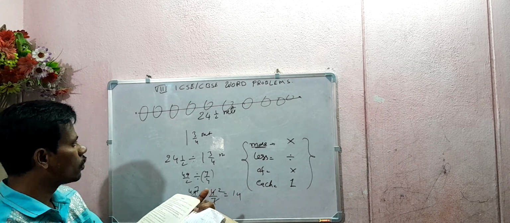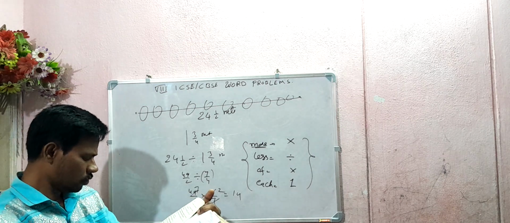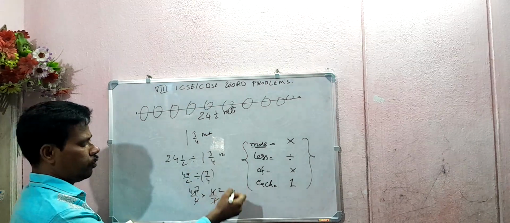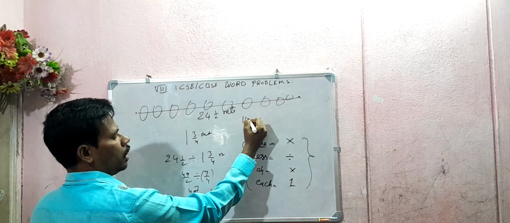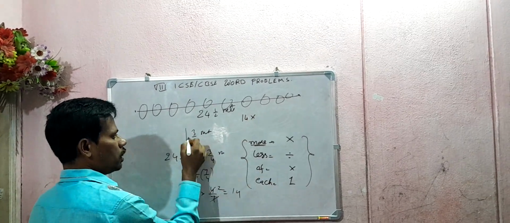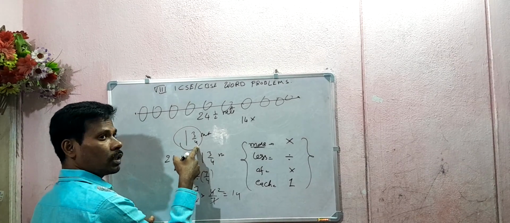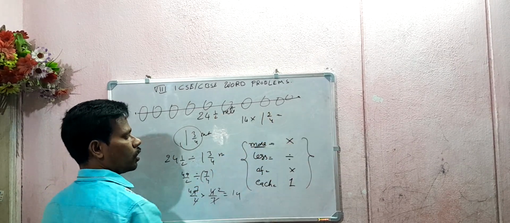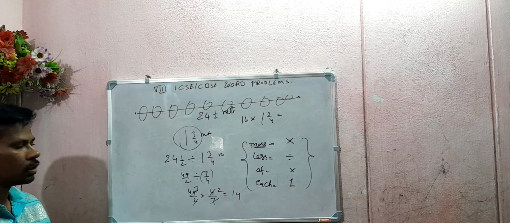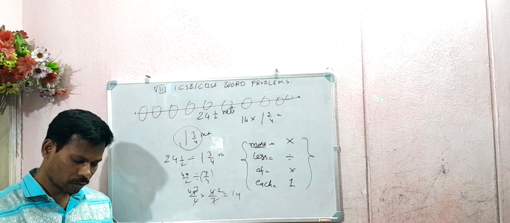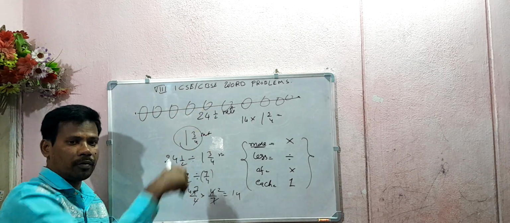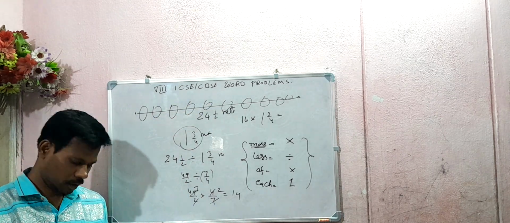Are you getting? So 14 pieces you can make. 14 pieces of 1 3/4, that is 1 3/4 into 14, you will get 24 1/2. Clear? So in these 14 pieces of 1 3/4 meters, that's it.